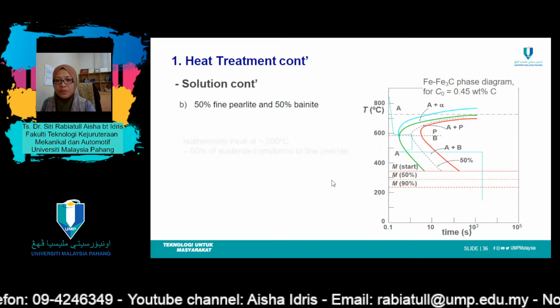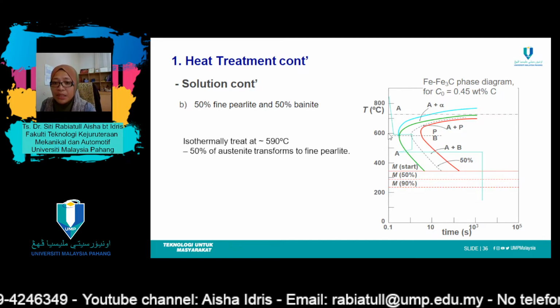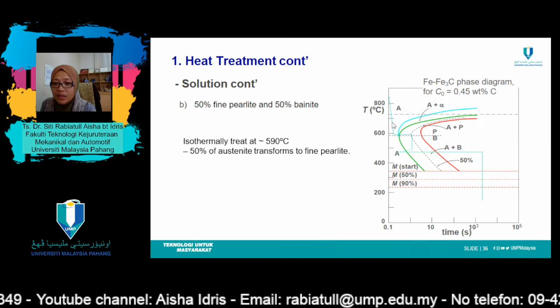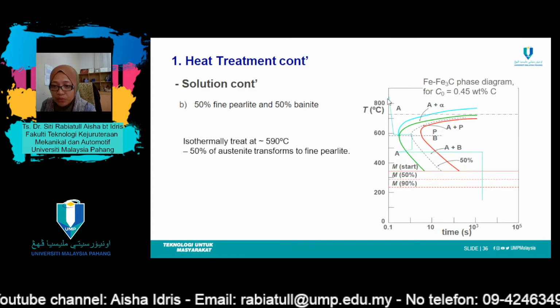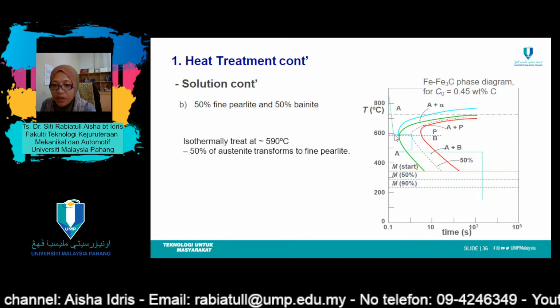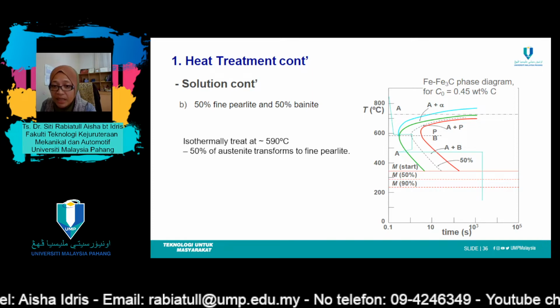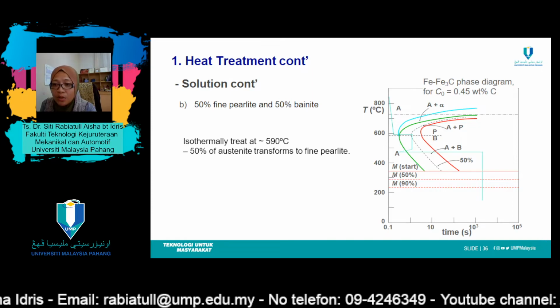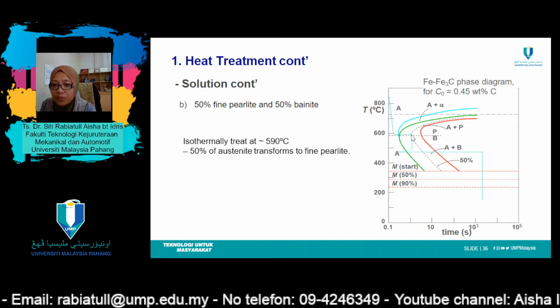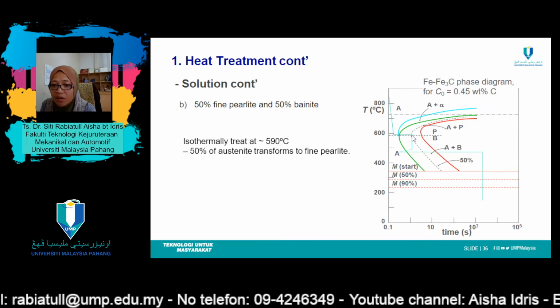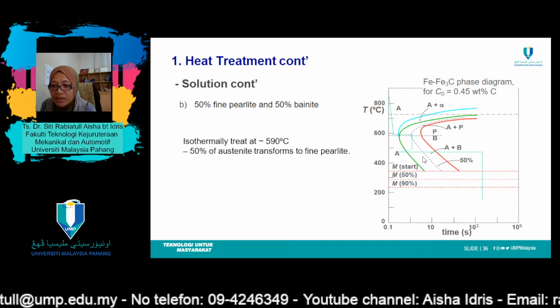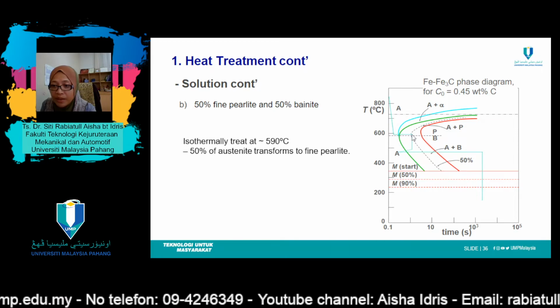So isothermally treat at 590 degrees C, somewhere there. So you draw a line there until it reaches 590 degrees C, and then hold that temperature until it reaches 50% of pearlite. So this line represents 50% of pearlite.